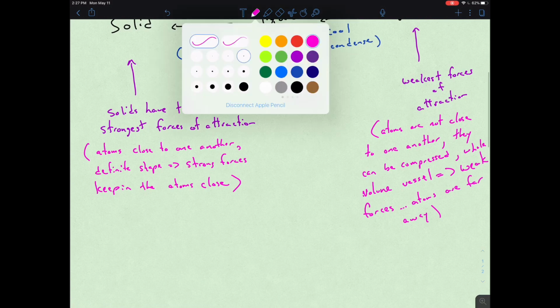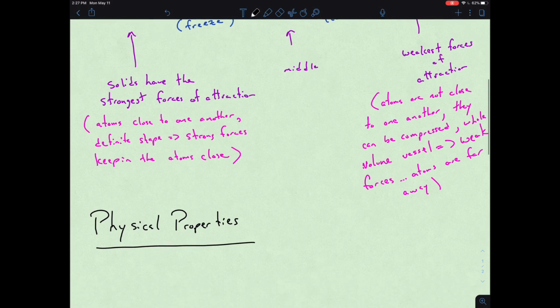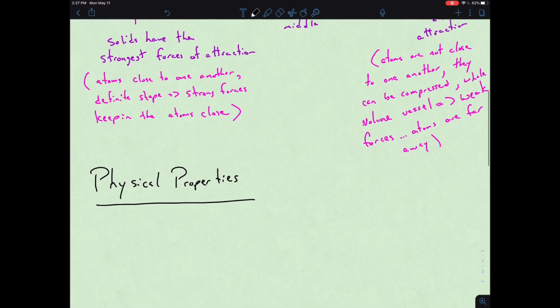So there's a number of physical properties that we would discuss here. We have the idea of boiling point and melting point.